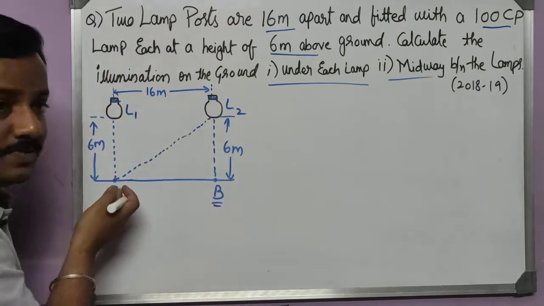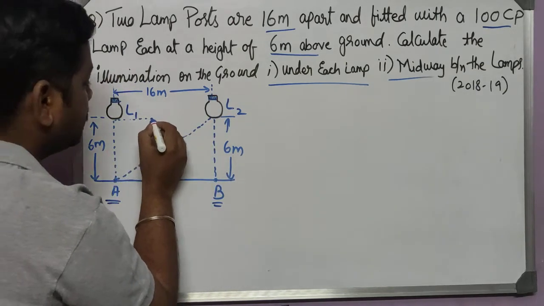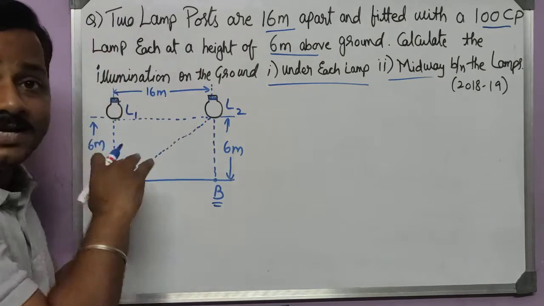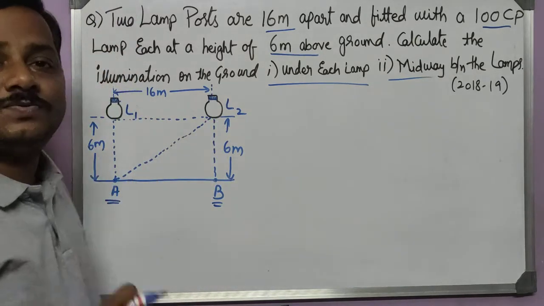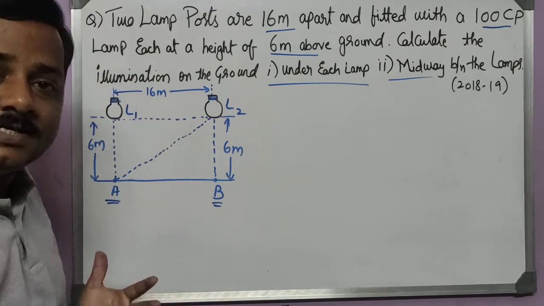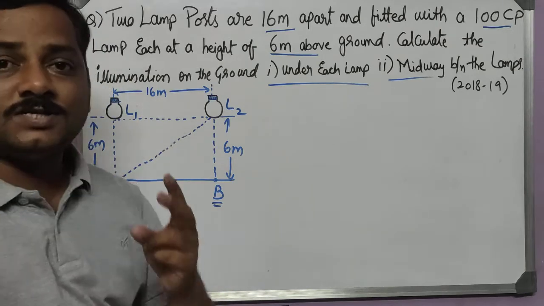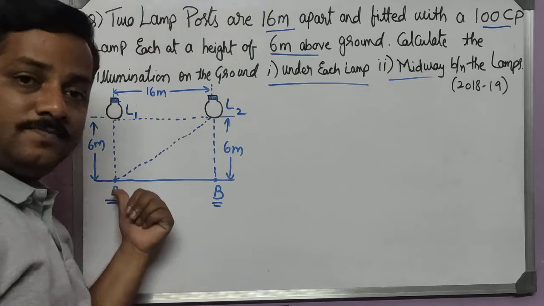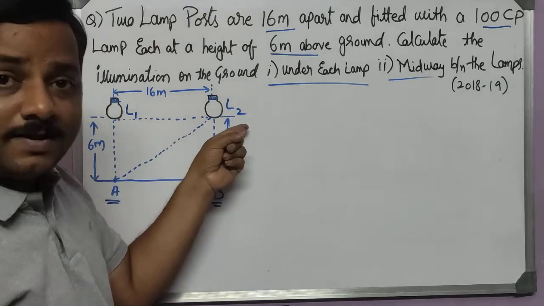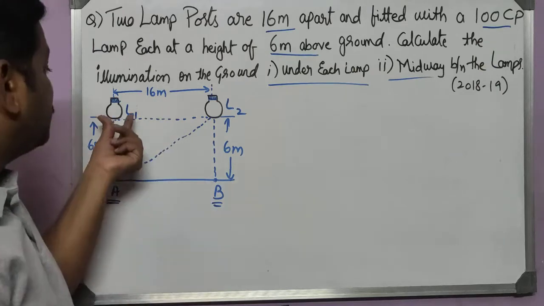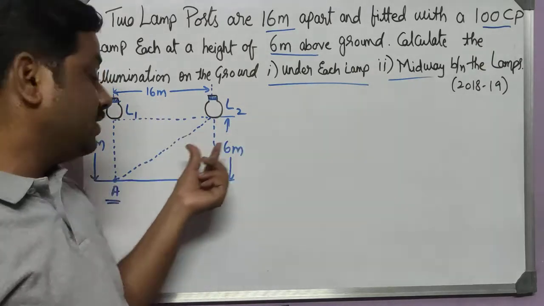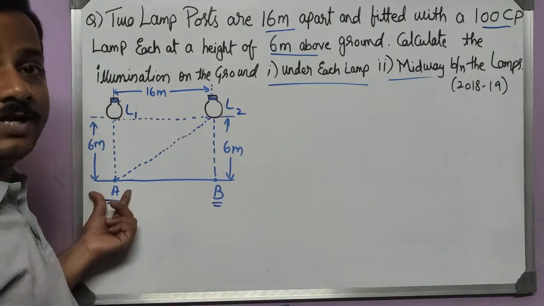We get some angle, and when we join this, we get a right angle triangle. So we need to add the effect of this lamp as well as this lamp. Then we get the total illumination at point A.